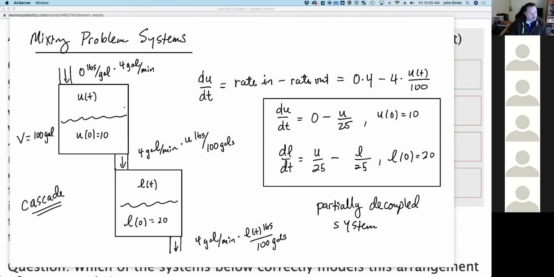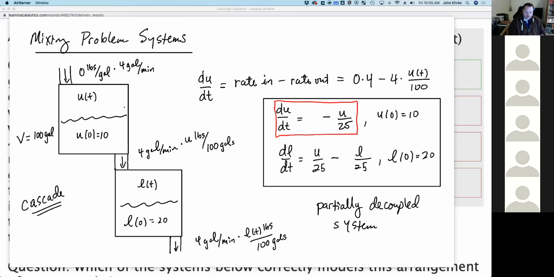So another question about this particular decoupled system. How would I solve a system like this? Does anybody see a route to solving this that we could do right now? I could completely solve U, right? I could start with this piece here.